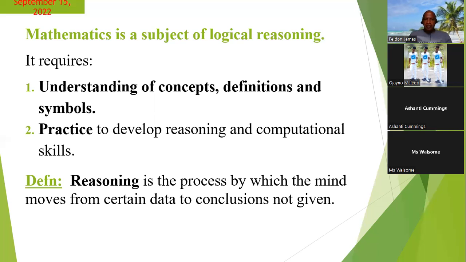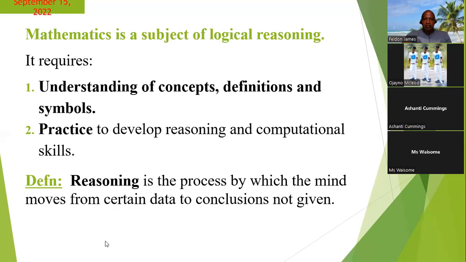Now, we had mentioned reasoning before. So reasoning is a process by which the mind moves from certain data to a conclusion not given. So as I was saying, take an example like a car accident. It is a process where the mind moves from certain data.